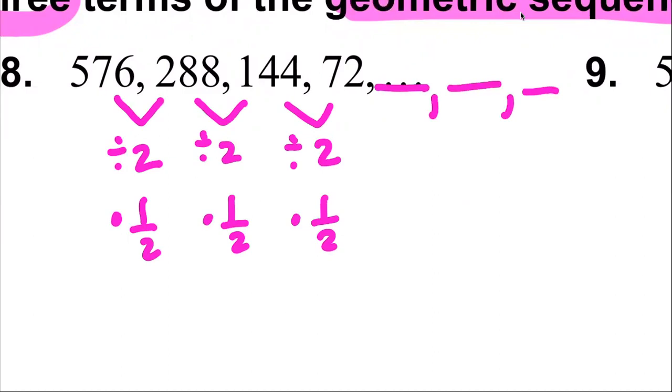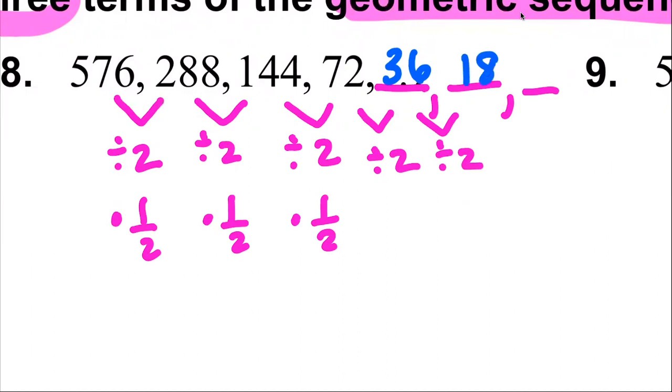Okay, so if we take 72 and we do that same thing, divide by 2, we're going to get 36. Well, if we do that again, we'll get 18.